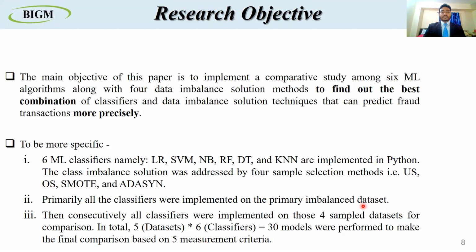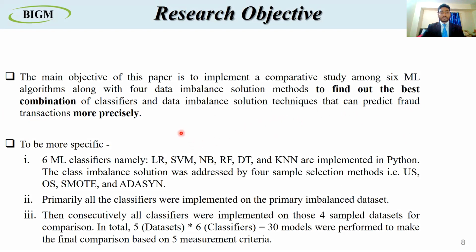So based on this research gap, our main objective is to implement a comparative study among 6 machine learning algorithms along with 4 data imbalance solution methods to find out the best combination of classifiers and data imbalance solution techniques that can predict fraud transactions more precisely than before.